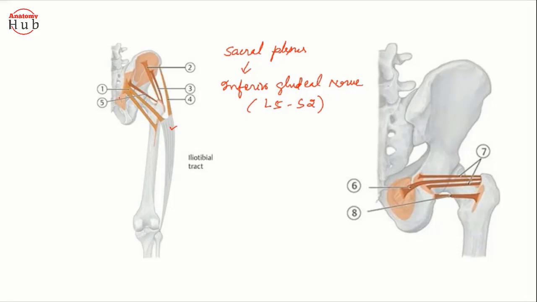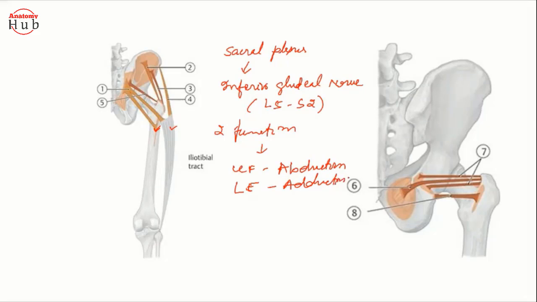The lower fiber, which inserts at the gluteal tuberosity, helps in adduction. So it has two individual functions: the upper fiber helps in abduction of the hip, whereas the lower fiber helps in adduction.